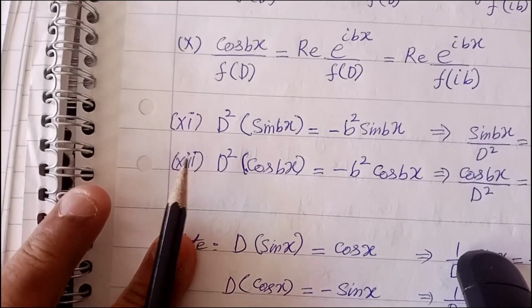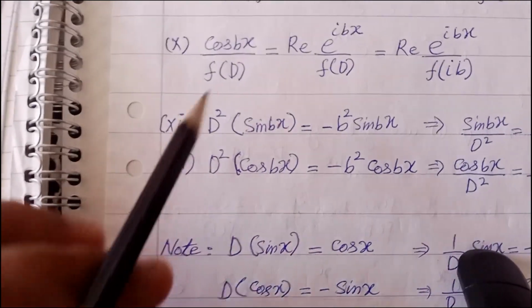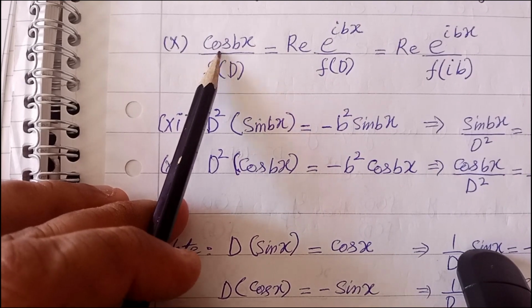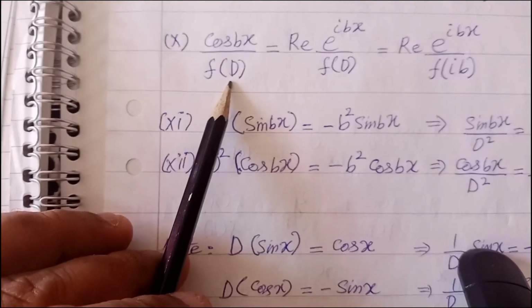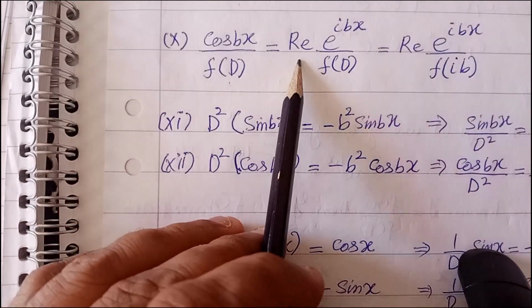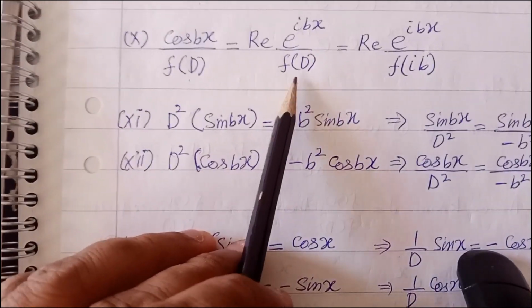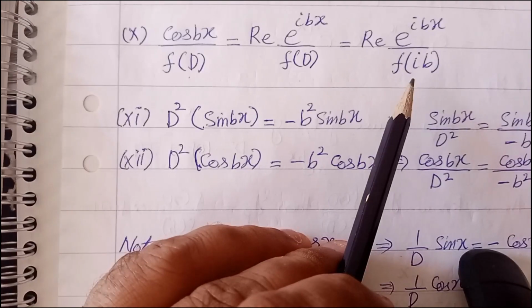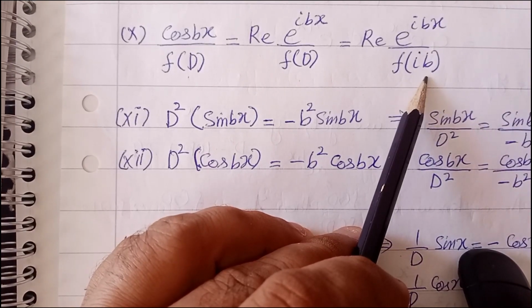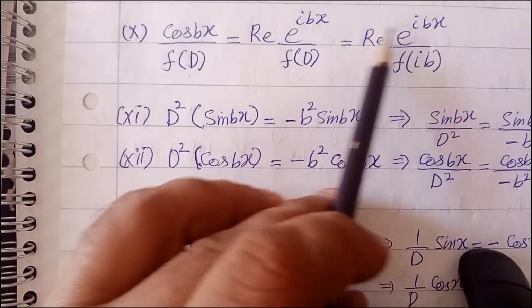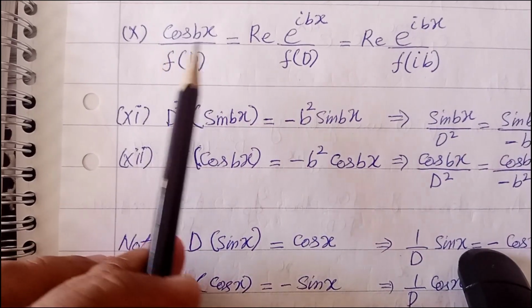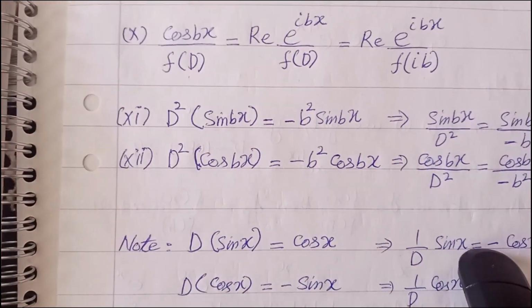Now the next case is when we have cos bx upon f of d. In that case we will write it as the real part of exponential iota bx upon f of d, and we will substitute iota b for d to get the solution.